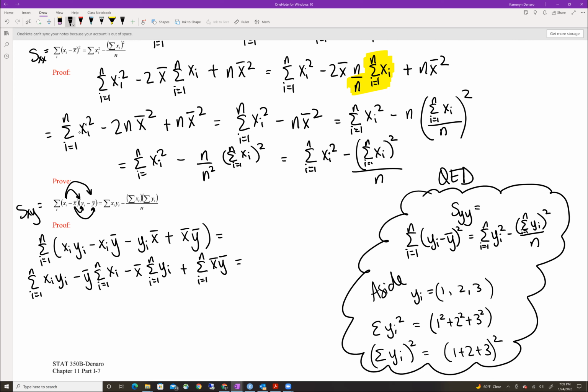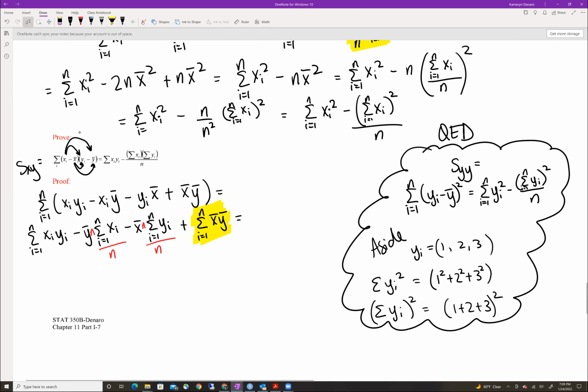We're going to use the same trick as before, and we're going to recognize in this very last piece that I have no i's. So really, I'm just going to be left with n times x bar y bar right there. And then I'm going to use another trick, and I'm going to multiply by n divided by n, and I haven't changed anything. All right, let's see what we get.